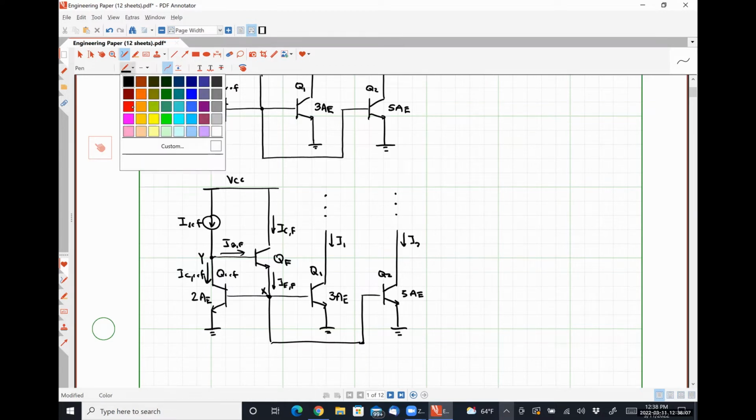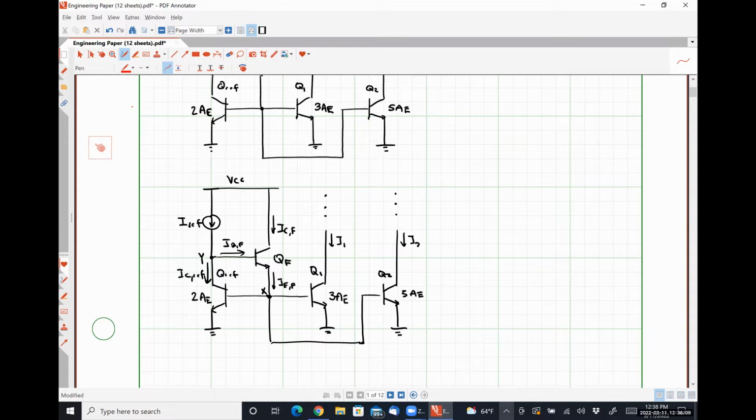And then leaving node X, we are going to have a current of IB ref, a current of IB1, and flowing down and around a current of IB2.